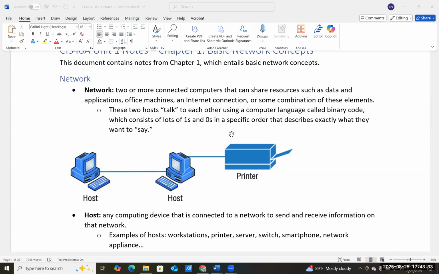But wait, so when I make a phone call, let's say I'm connected to the wireless network, I'm calling my friend, your voice is an analog format, and it gets converted into a digital format before it gets sent from your system to the rest of the network. So everything is going to be encapsulated and decapsulated from the beginning. When I speak into my phone, your voice is analog.